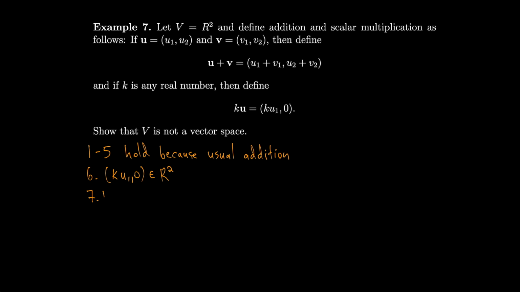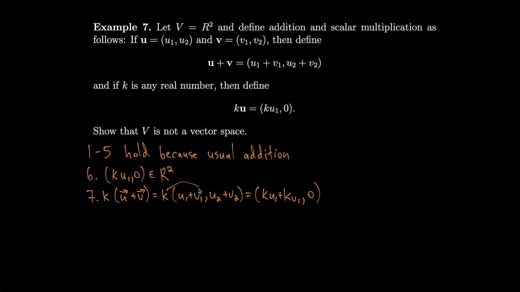Okay, how about scalar multiplication? So we have k times u plus v. So that's going to be k times u1 plus v1, u2 plus v2, and that's equal to ku1 plus kv1 with a 0 for that second component.